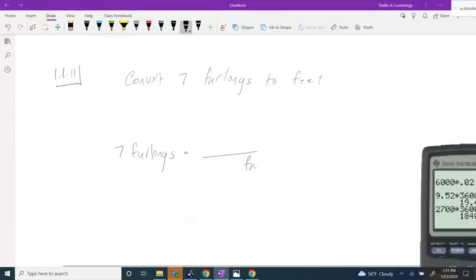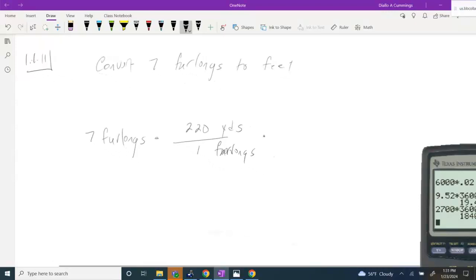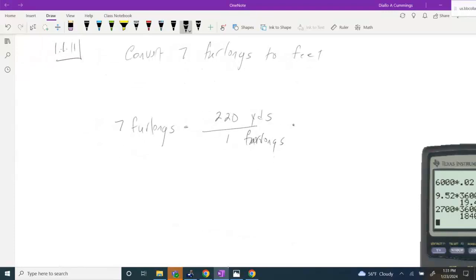All right, so we have furlongs to yards. So they gave us that conversion. 1 furlong is 220 yards. And then for our second unit fraction, I want to convert yards to feet.